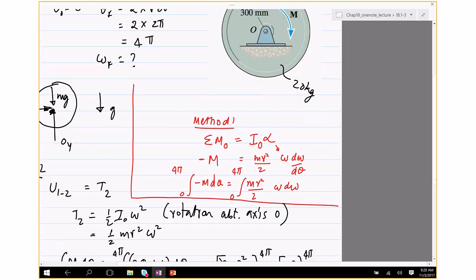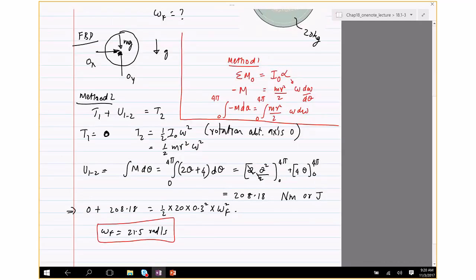Okay, my claim is that when you integrate this, you'll get exactly this value. It's the same answer. Okay. Any questions?